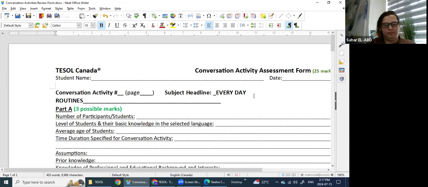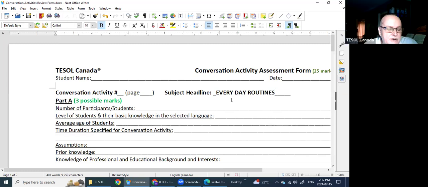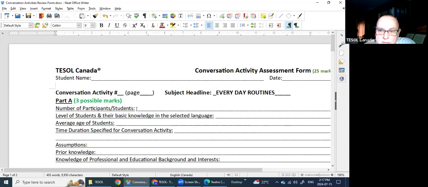Good. How many students will there be in the class? 15. How many? 15.